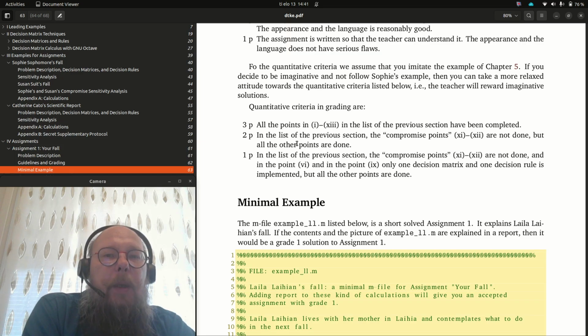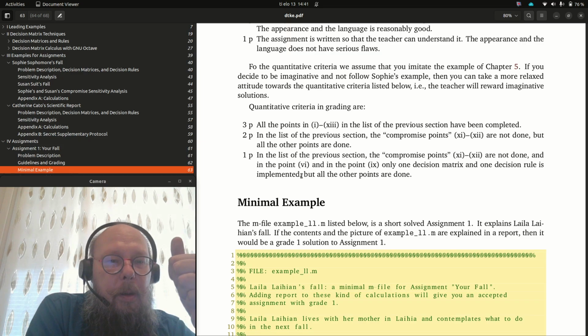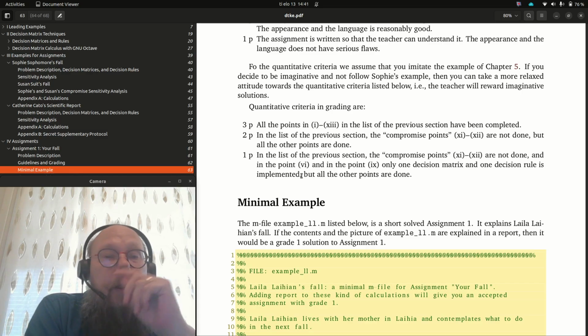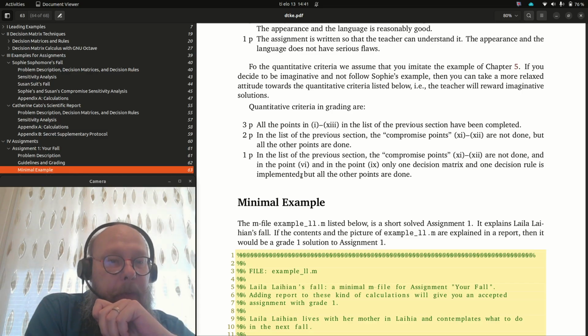And then for 1 point, compromise points are not done, and otherwise it's minimal: only one decision matrix and one decision rule is implemented. So if you only use one objective, that is one reward or decision matrix, and only one decision rule, then you get 1 point, and you don't have to do the compromise for that.